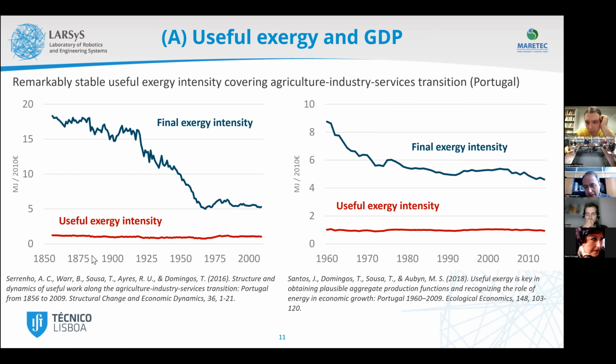What I think is remarkable in these graphs is that at the final stage, for long stretches of time, the intensity is decreasing, meaning that you need less and less energy per unit of economic value. And this is what leads to all the optimistic views coming from academic economists, by the way.